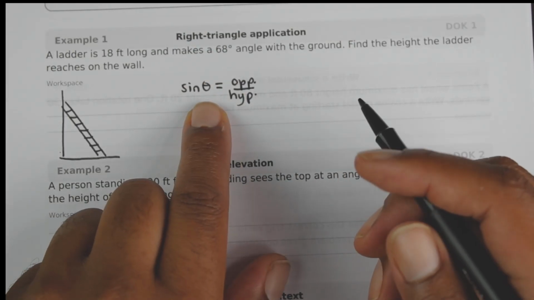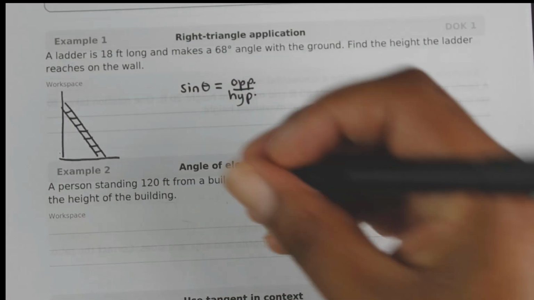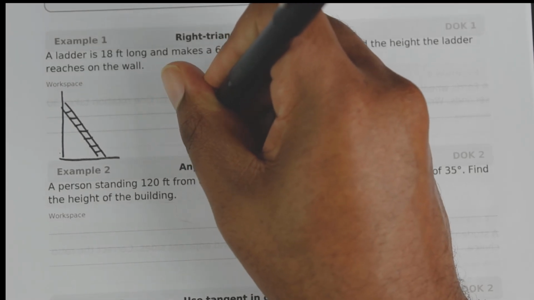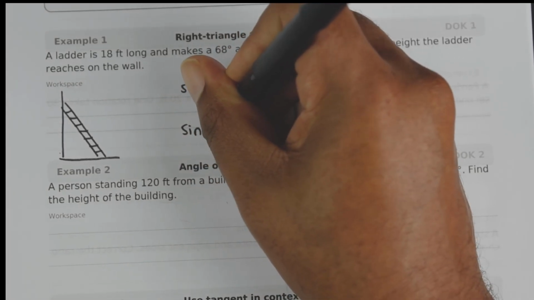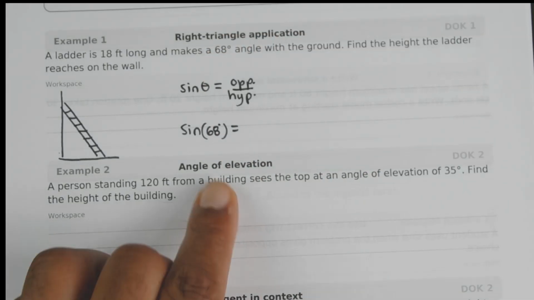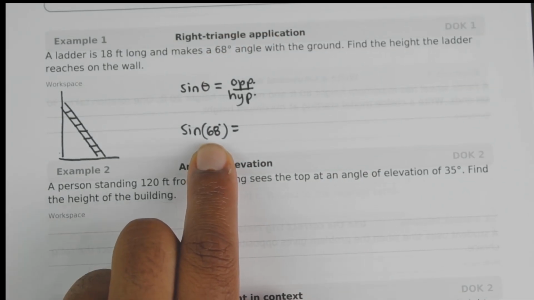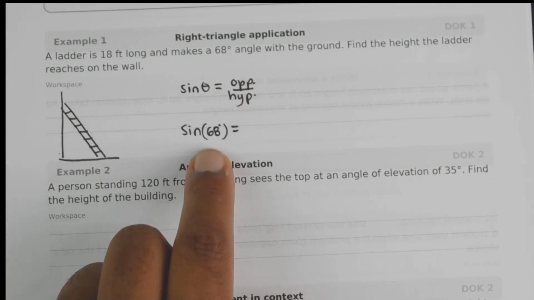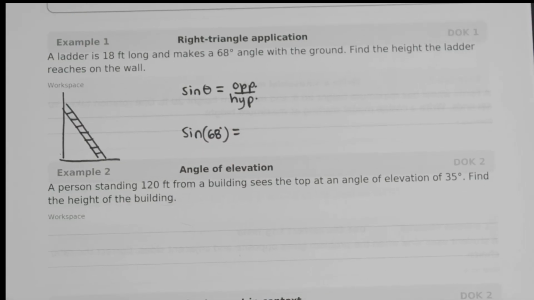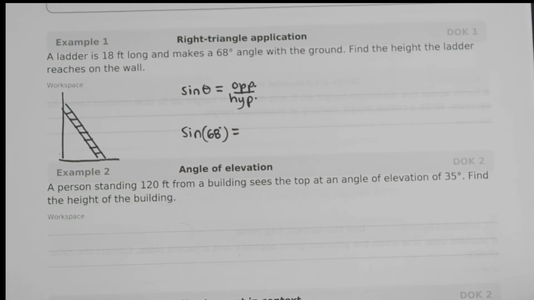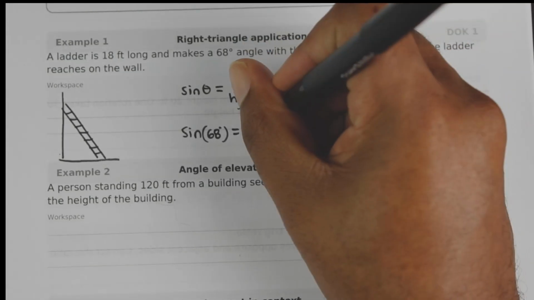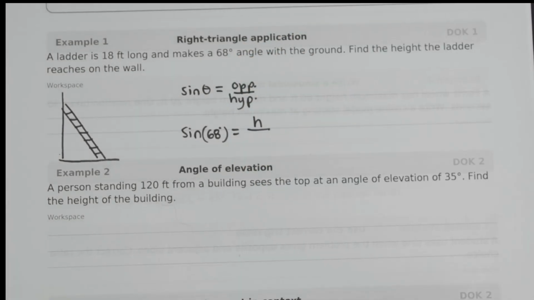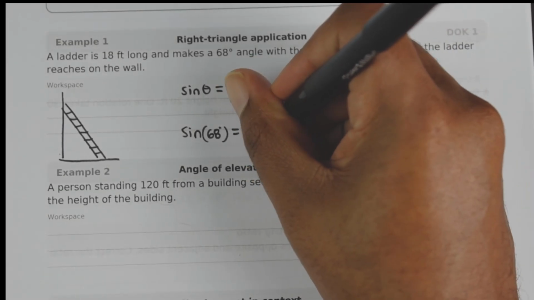So we substitute the values. We have the sine of 68 degrees, because we know the angle. The angle is the theta, and the opposite is h over the hypotenuse.